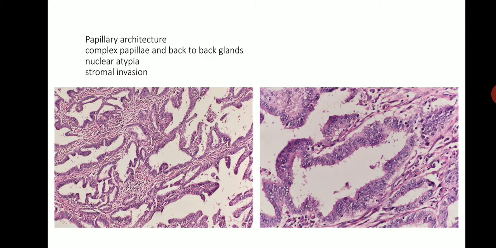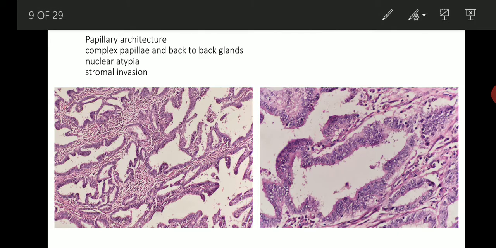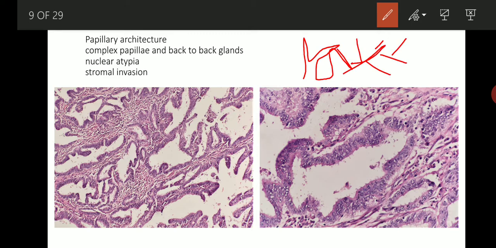This is in the higher power because these papillae are very complex. They are not simple papillae. Two adjacent papillae will be joining with each other and forming a very complex arborizing structure. So when you cut through them, you will have an appearance somewhat like this.